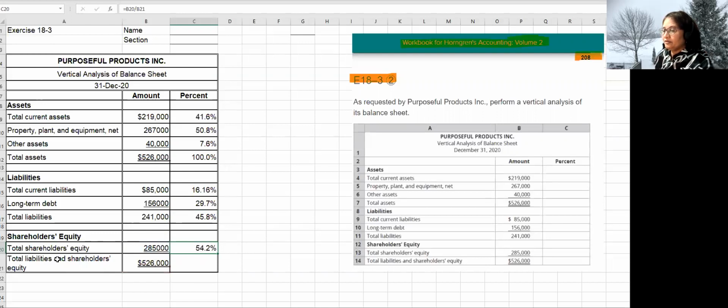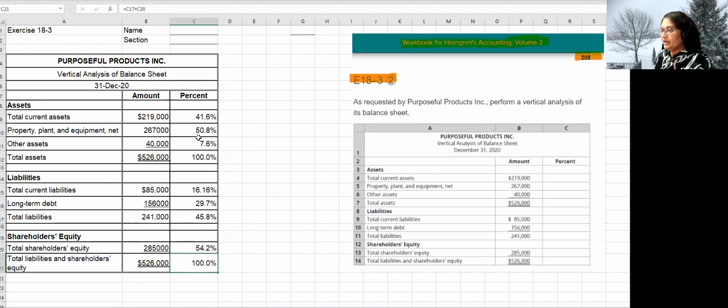As you know, the total liabilities and shareholders' equity has two parts, one is the total liabilities, which is 45.8 percent. Obviously, the shareholders' equity will be 54.2 percent, because you can always make it 100 percent, like the total assets. So the total of these two, total liabilities plus shareholders' equity, should be 100 percent.